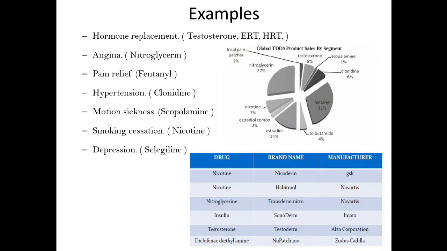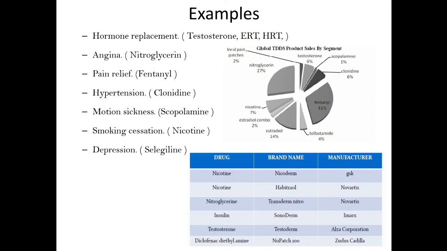Here are some examples of approved marketed products available as transdermal systems, sold globally. Fentanyl, for pain relief, is available in transdermal formulation. Nitroglycerin is also widely used for angina pectoris.